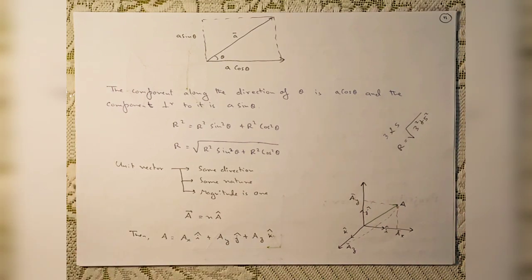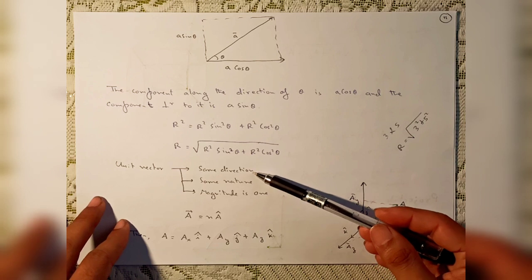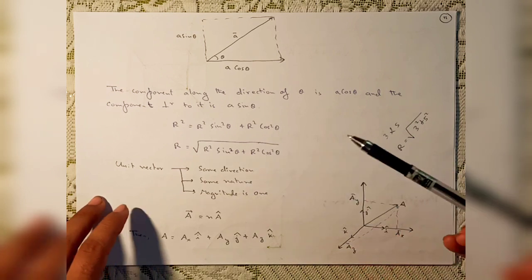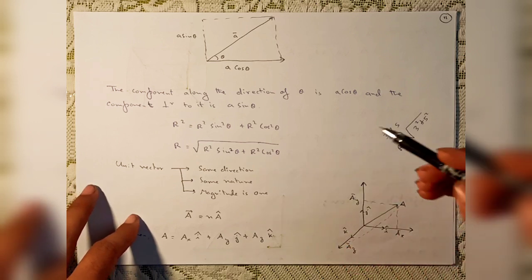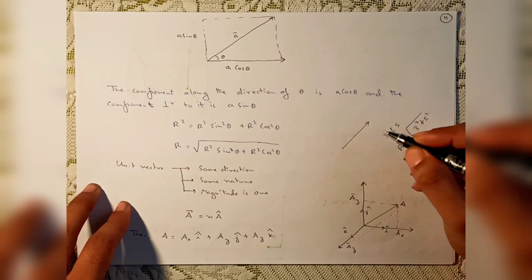Okay, and then another topic we have is the unit vector. A unit vector is a quantity that has the same direction, same nature, but the only thing is that its magnitude is 1. In this case, for example, let me take the vector of force.